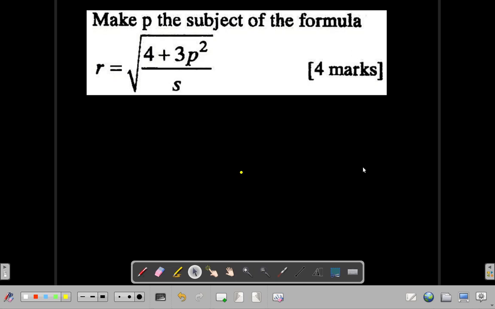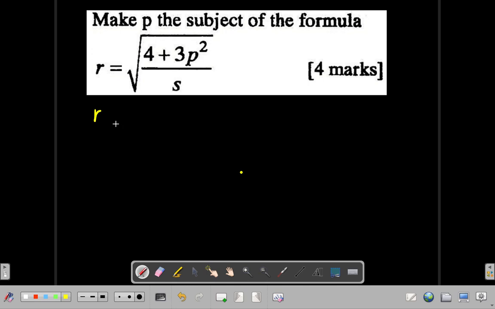Example here, people. Make P the subject of the formula. So there you have the formula: R equals the square root of (4 plus 3p squared) divided by s. 4 marks. So, let's see how this goes.